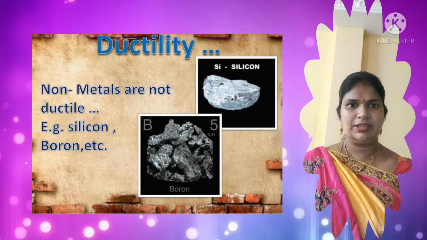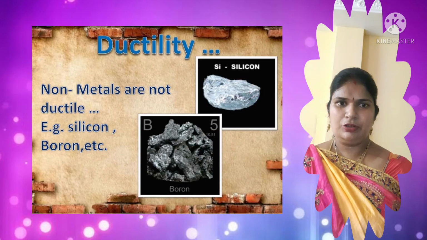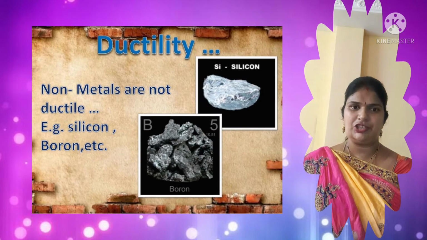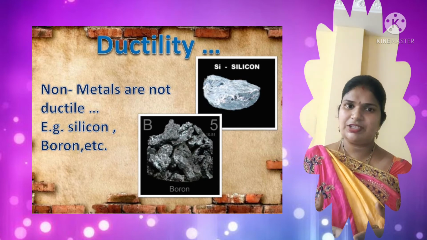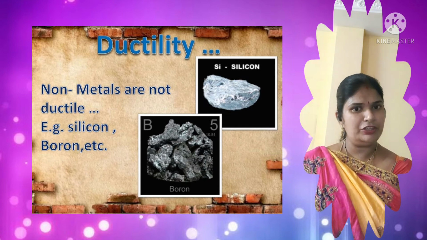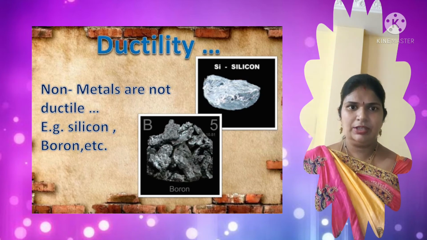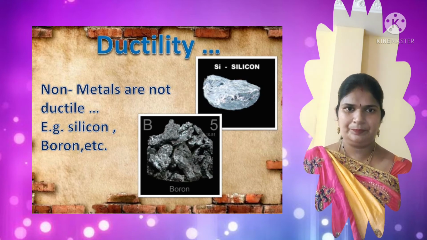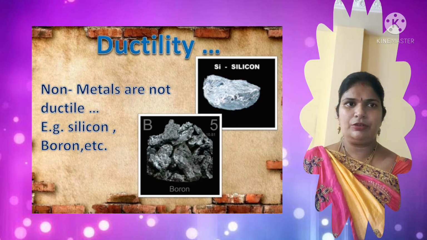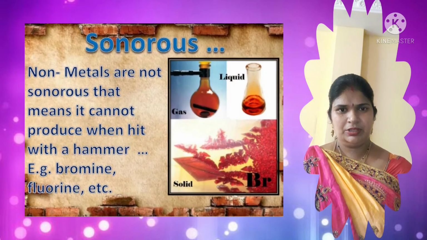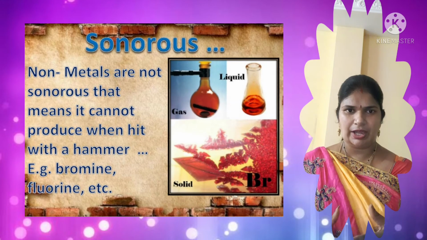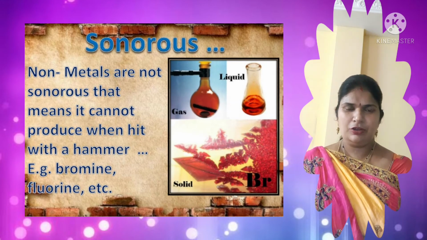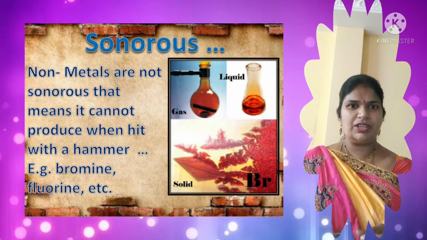Next property is ductility. Again, due to the brittle nature only, non-metals cannot be drawn even into thin wires. Example, silicon, boron, etc. Then coming to sonorous property. As non-metals have a dull surface, they cannot produce any ringing sound.